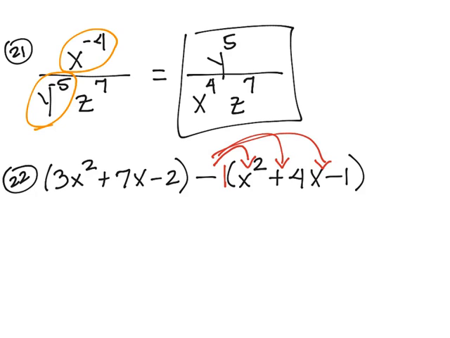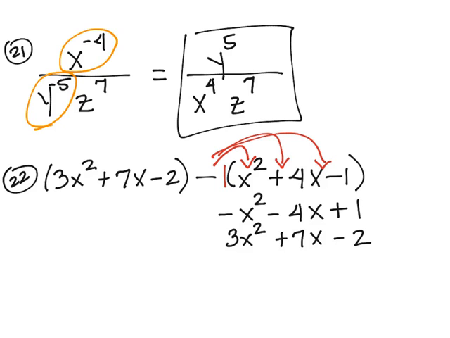You got to change the signs of that second one. Does everybody understand that? So that becomes a negative x squared, a negative 4x, and what type of 1? Positive. Very good. Now, if you want to bring that first one right under it, you can. It doesn't change what? It didn't change signs.